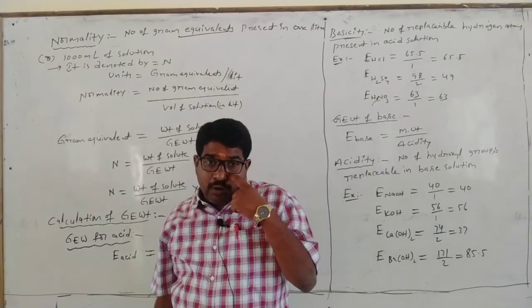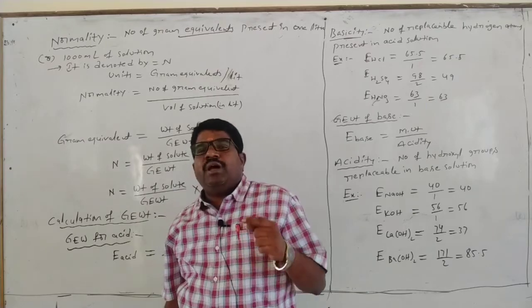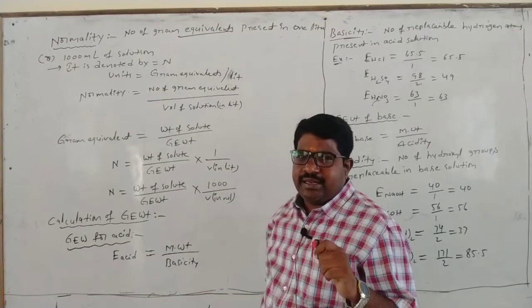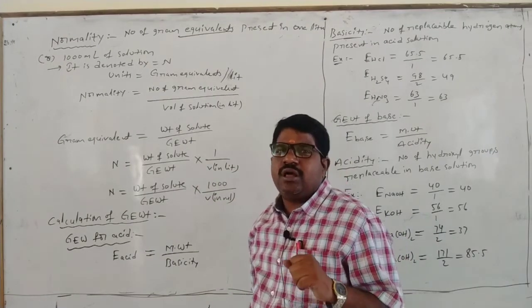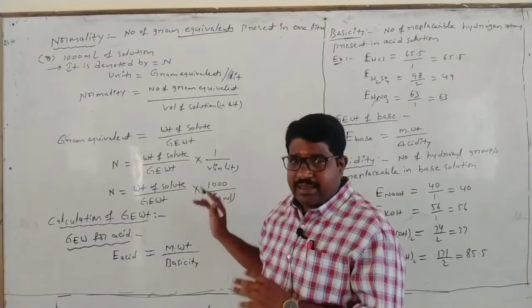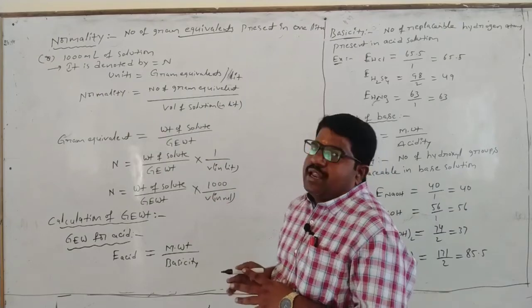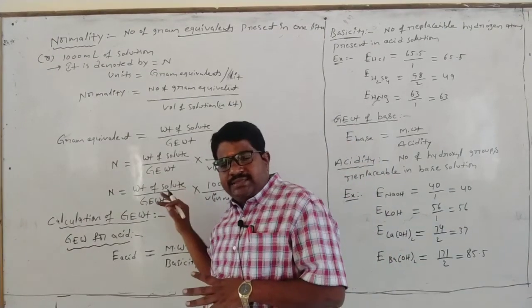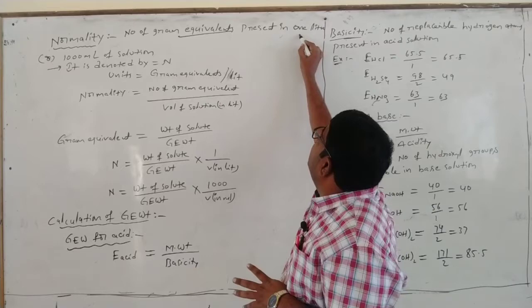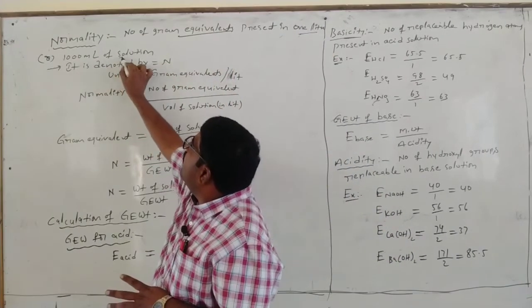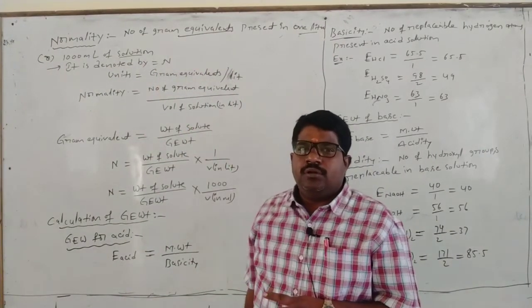In molarity, we defined it as the number of moles of solute present in 1 liter or 1000 ml of solution. But in normality, it is the number of gram equivalents present in 1 liter or 1000 ml of solution.